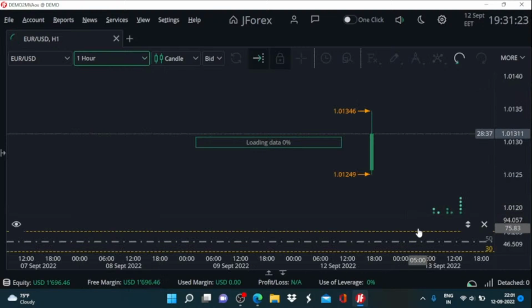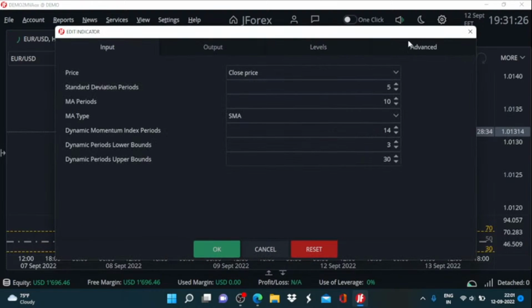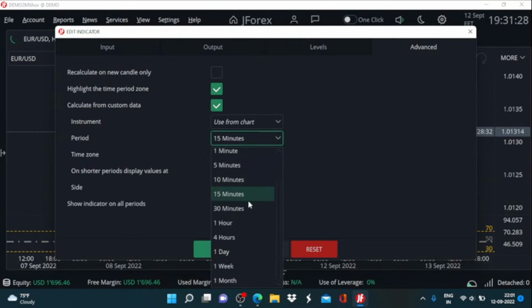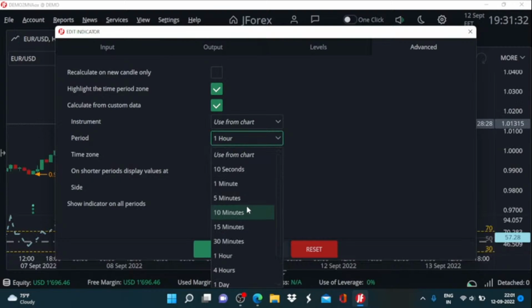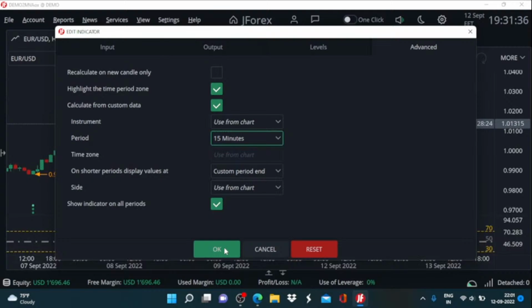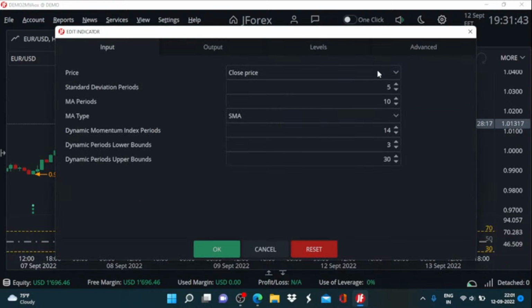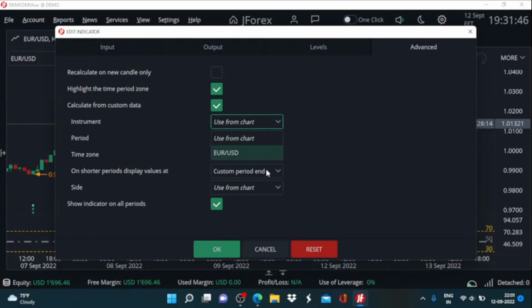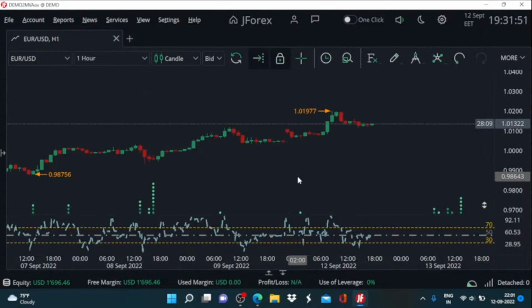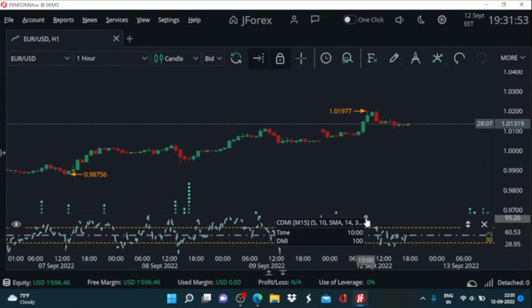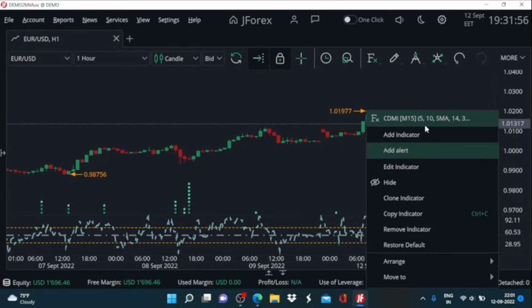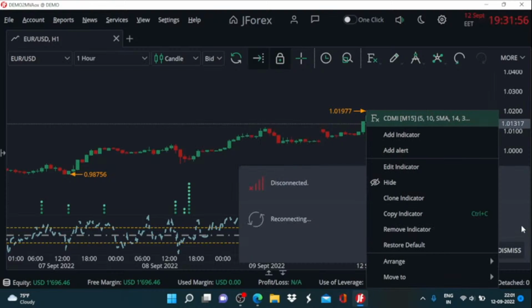Let me restore it back to the hourly. Okay, it can be hard coded to hourly, or you can simply use it from the chart. Okay, all right, it has appeared again. Whenever I am opting for the 15-minute combination, it is taking a lot of time. But as soon as I make it hourly, it is instantly reappearing. All right, now this is based on 15 minutes as the calculation period.